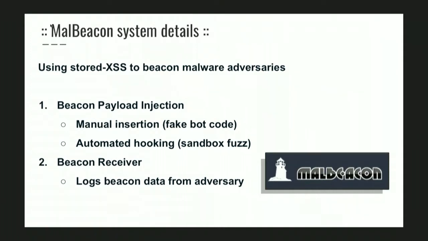And then we also automated it a bit. So we modified Cuckoo Sandbox, and as that sample's running, we're able to hook some of those artifacts that are exfiltrated to the C2 and get information back. And then we have the receivers, just an image receiver that receives those callbacks, and this just simply logs the beacon data as the adversary generates that.